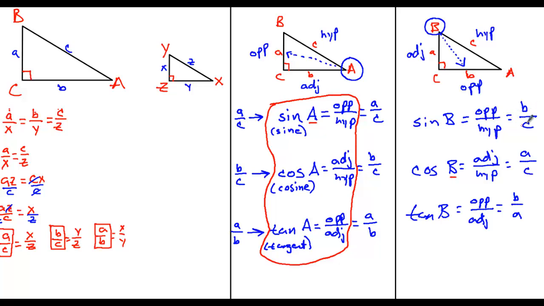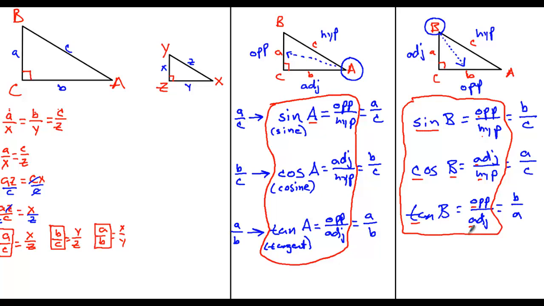You don't need to worry about trying to memorize that. Just worry about this. Even though we got different answers, this part is exactly the same. Sine is the opposite over the hypotenuse, cosine is the adjacent over the hypotenuse, and the tangent is the opposite over the adjacent.